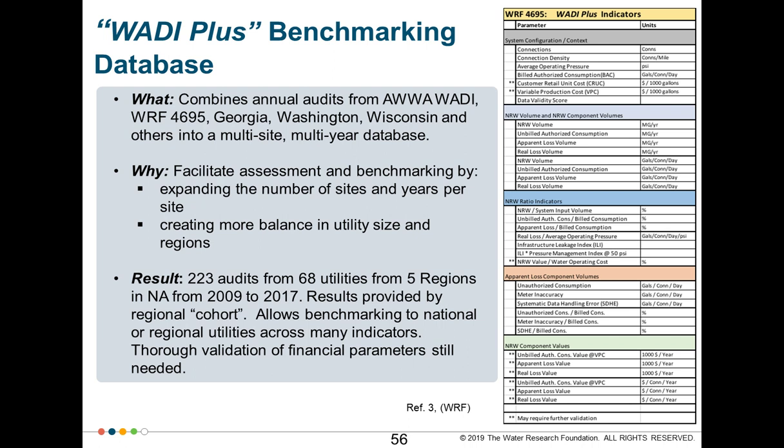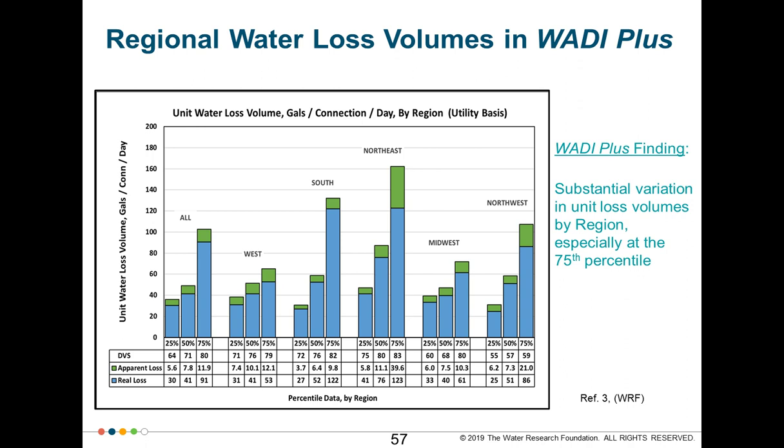sorted into regional cohorts. And I know it's hard to read, but there's a large number of indicators that are used. And here's just one example of a basic regional profile, the blue columns being the real loss and the green on top, the apparent, in gallons per connection.